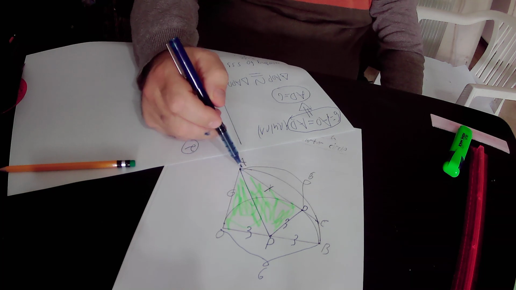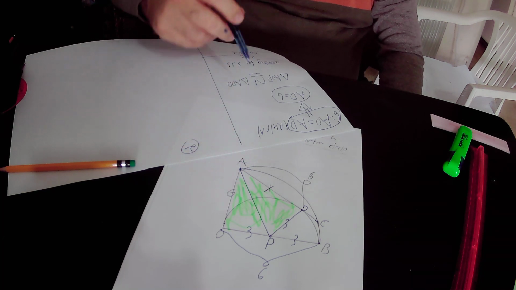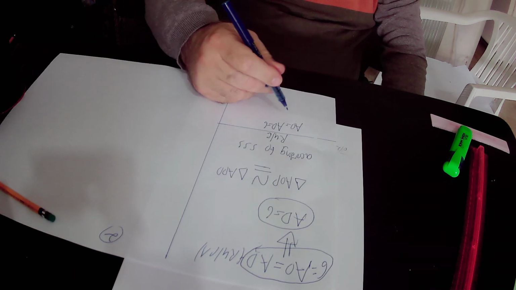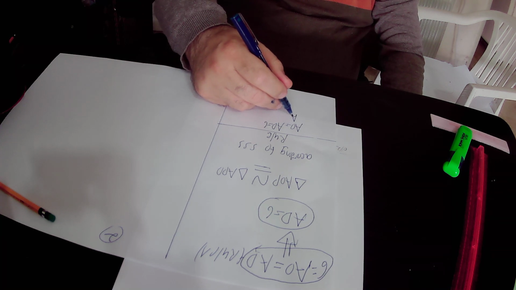Side AP is a common side, it belongs to both triangles, so AP equals itself. It's a common side that belongs to both triangles.